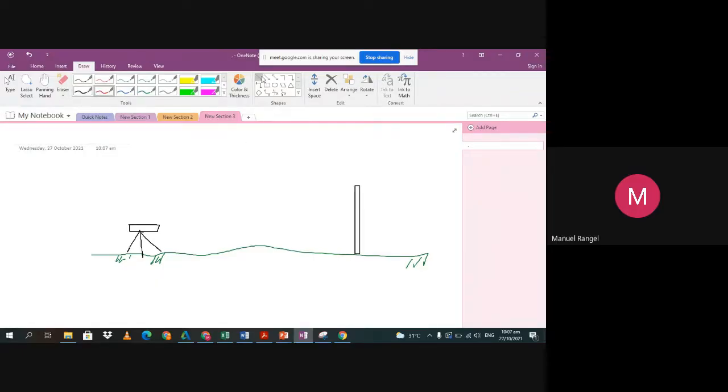So this is the rod, no? So ano yung ginatawag na backsight? And this is the foresight.